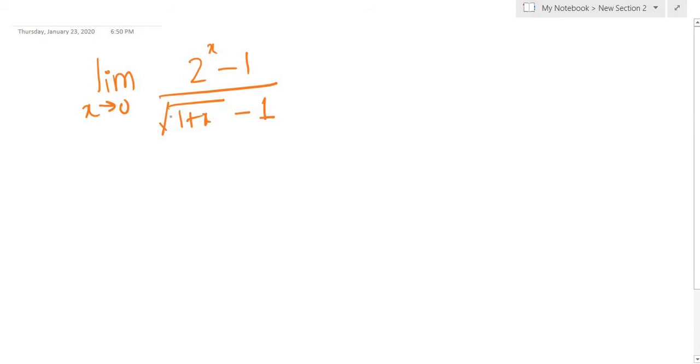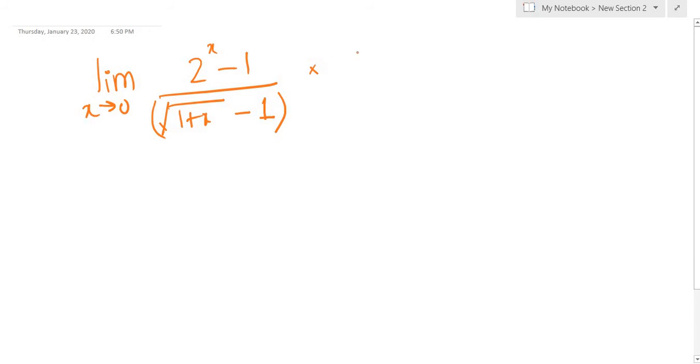So let's do a better example. Say we have the limit as x tends to 0 of (2 raised to x minus 1) all over (square root of 1 plus x minus 1). Now looking at the radical term below, there's a square root and then there's a number outside which is added or subtracted.